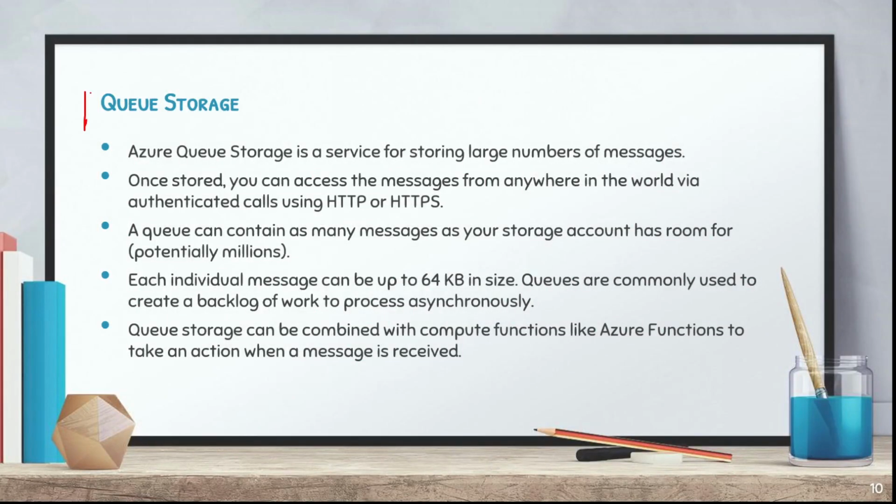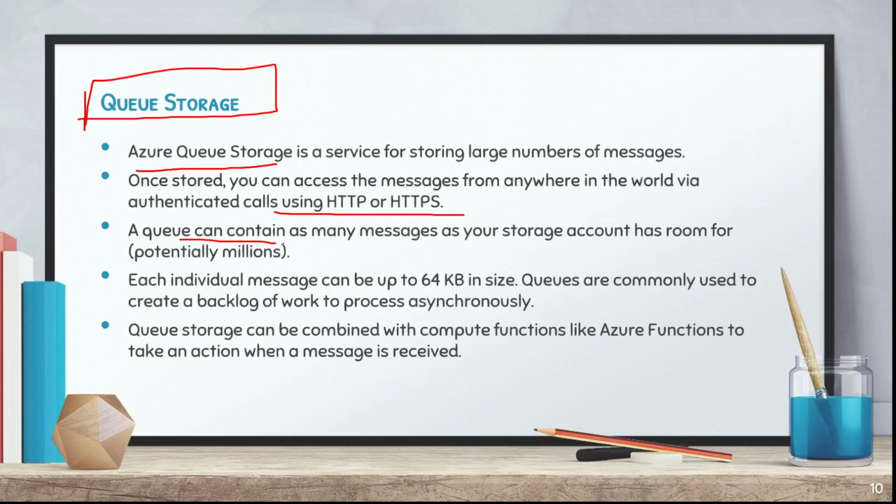Now the next topic is Queue Storage. A queue is a service that is basically used for storing a large number of messages. Once you store them, you can access the messages from anywhere in the world by authenticated calls, using HTTP and HTTPS.